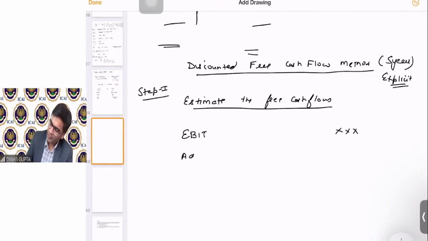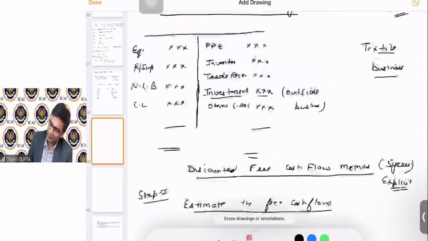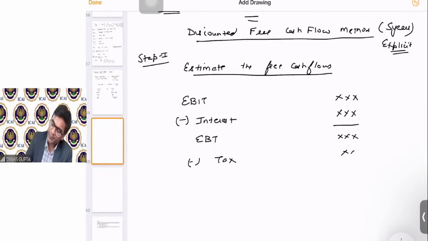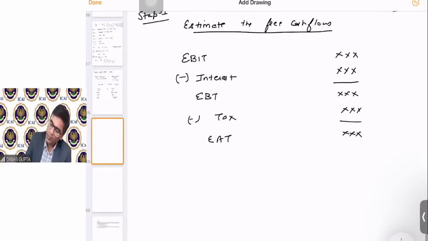Then in this, we reduce interest component, right? Becomes EBT. From this, we reduce tax. We come to EAT, earnings after tax, right? Now, this is the profit that we are starting with, correct? These are the profits that we are starting with.